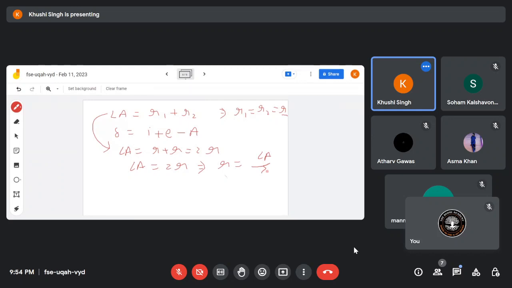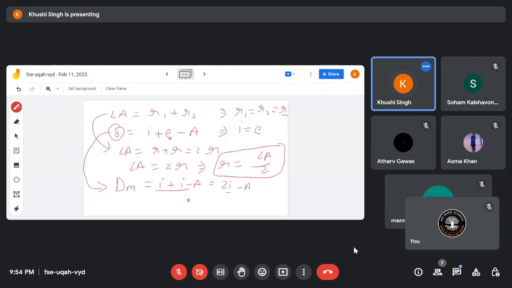Right? And same thing, what will happen to this? Now I am taking minimum deviation, so my del will become minimum deviation, that is dm, equal to, I said in the second assumption, I is equal to E. So I can write this E as I. So I can write I plus I minus A, which is equal to 2I minus A, right? Because I plus I is 2I.